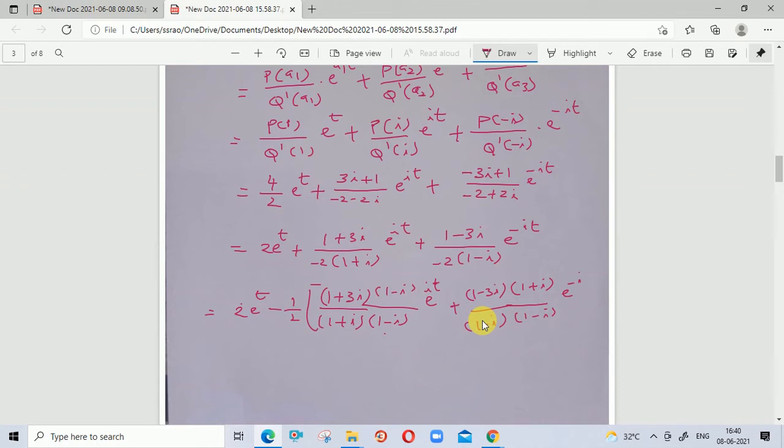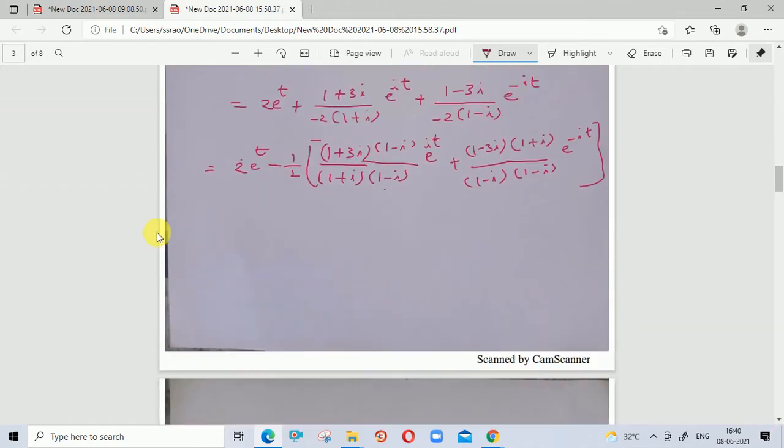So that is equal to 2 into e power t minus 1/2 of, so here look, we multiply this. When we multiply, what happens? 1 plus, here 3i, and minus i means 2i, 2i. Next, 3i into minus i means minus 3i square. Minus 3i square, i square is equal to minus 1, so it becomes plus 3.